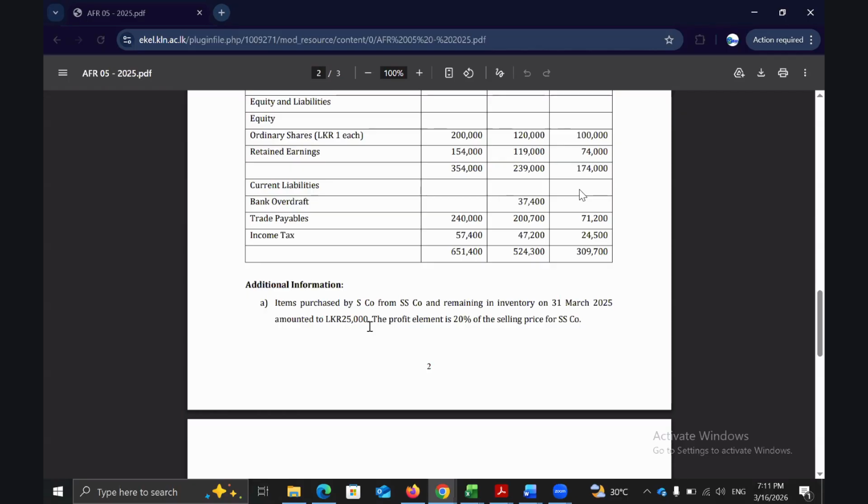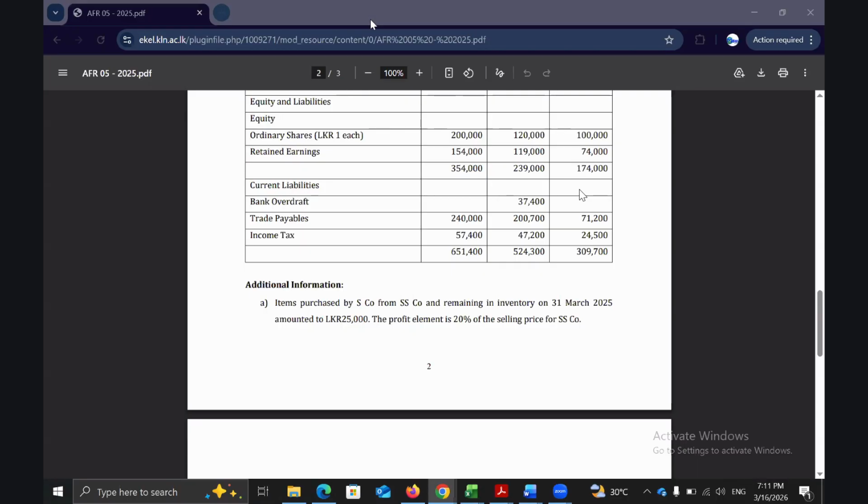Which company has the unrealized profit? And to whom do we need to make the provision for unrealized profit? There are two entities engaged, entity S and entity SS. Now here we need to consider the provision for unrealized profit.